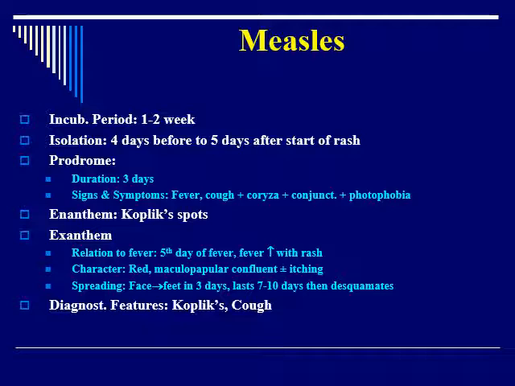The eruptive stage is characterized by the appearance of measles rash, which is red spots appearing at the hairline and spreading over the face, then the trunk and extremities. On the trunk, the rash combines to each other and becomes confluent.